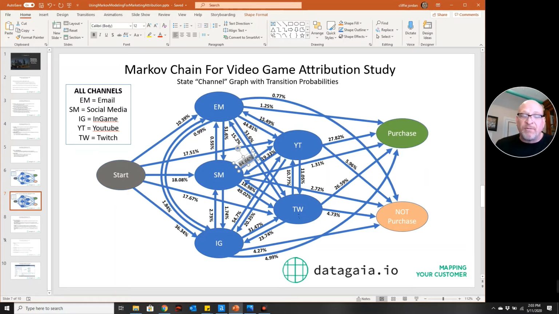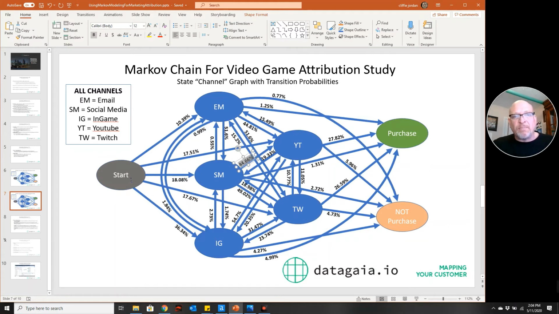And then the probability of going from Twitch to purchase is 26.59%, or to not purchase is 4.73%. So this is our state graph, but now with all the probabilities, and those probabilities come from what we call the transition matrix.